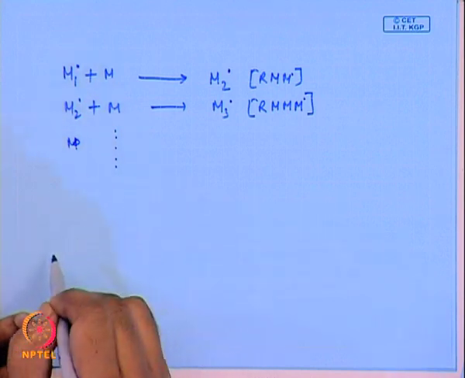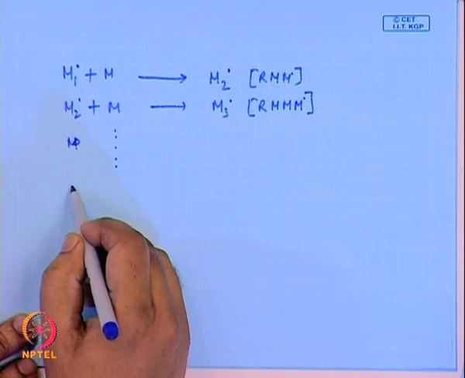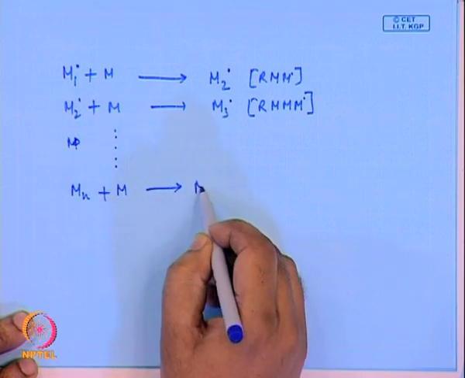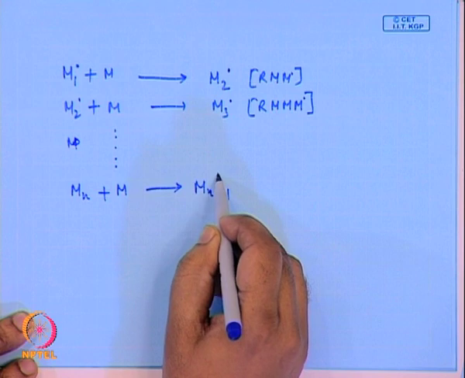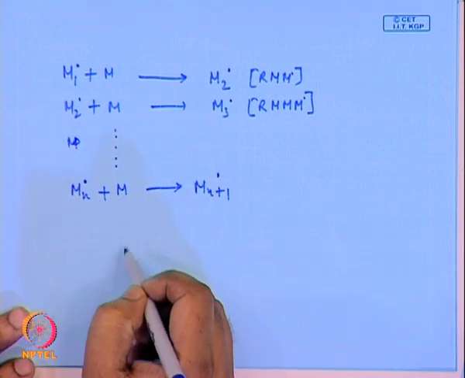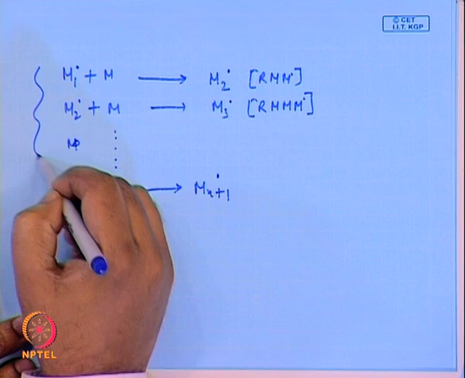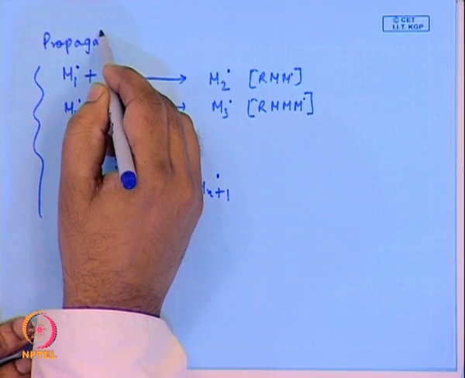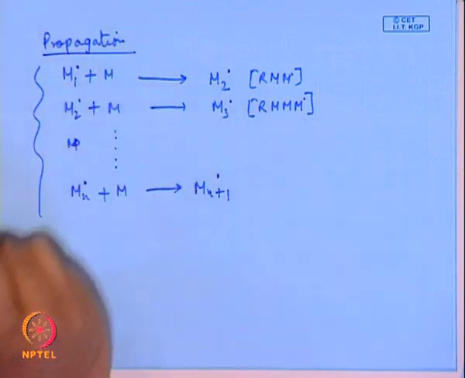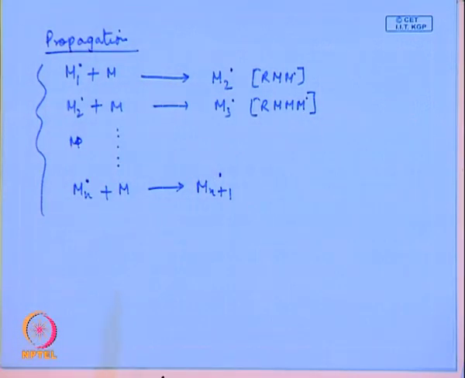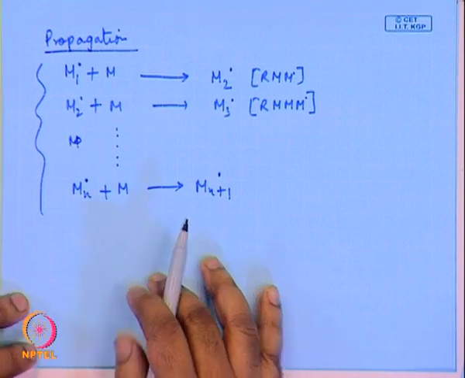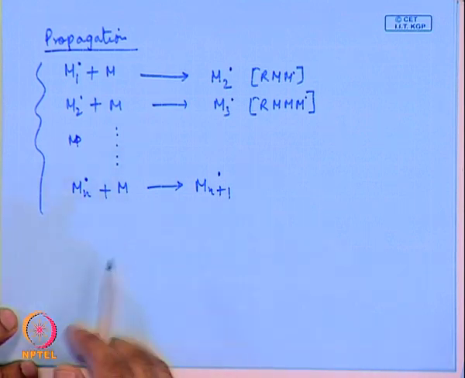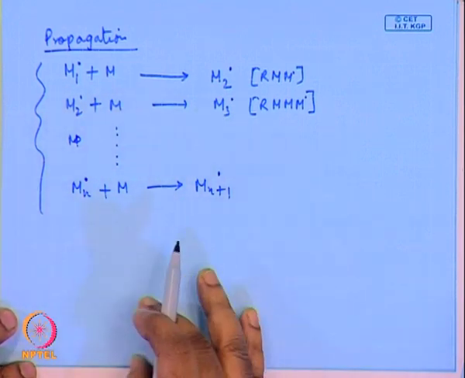You can write many steps, and in general I can write Mn dot. Now, these steps are part of propagation. So, we had initiation on the earlier page. Now we know propagation, and this can undergo termination, the third step. We will talk about that in a minute.